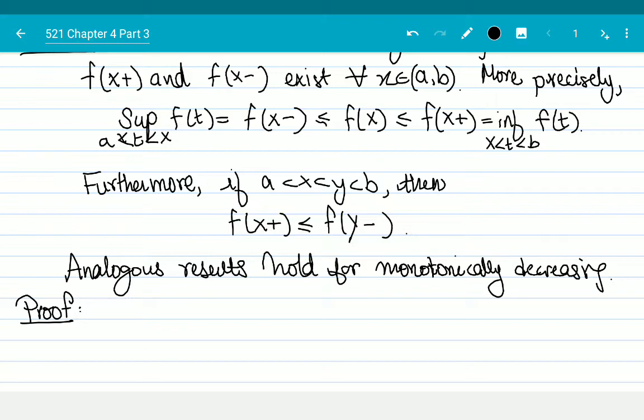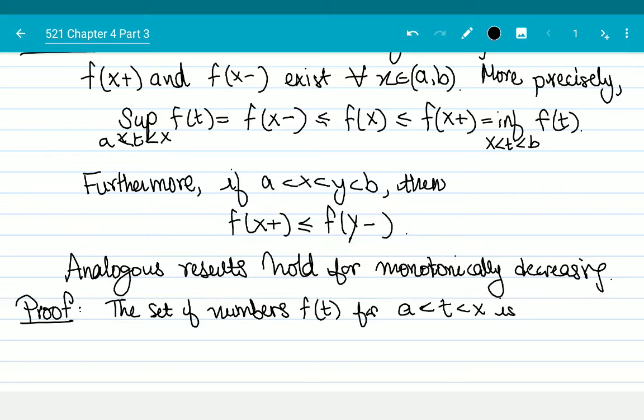So, the set of numbers f of t for a smaller than t smaller than x is bounded above by f of x, as it is an increasing function.